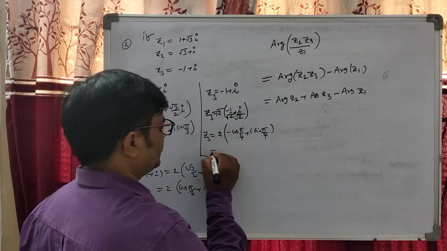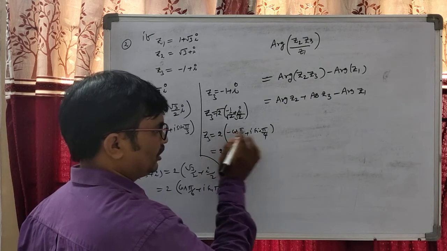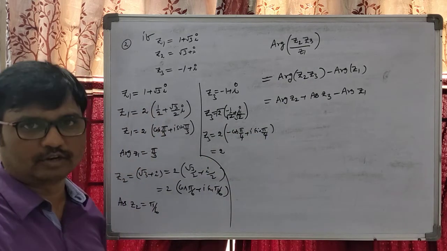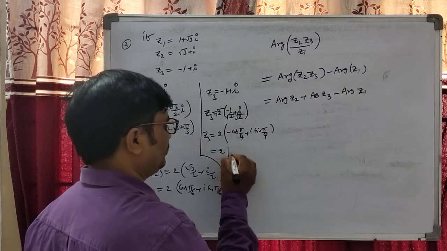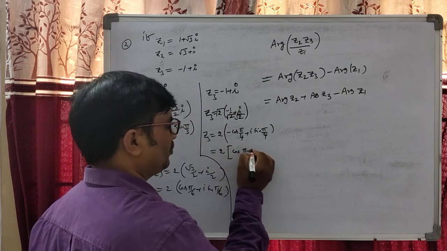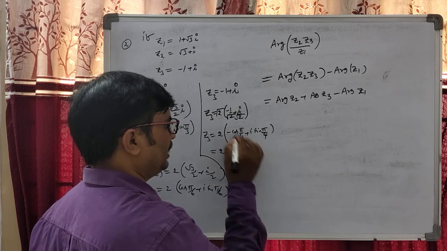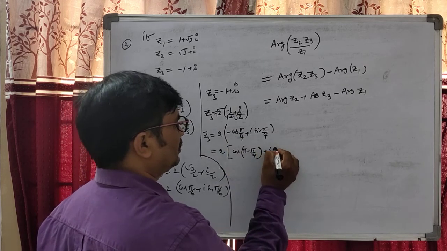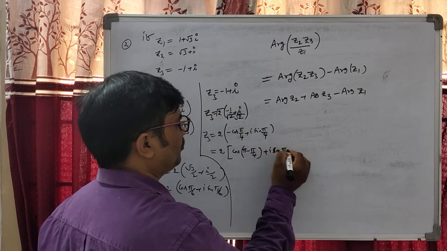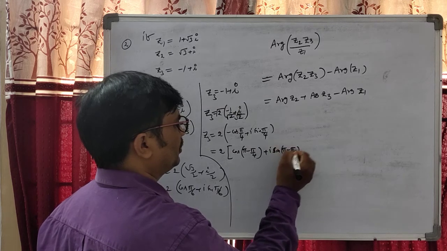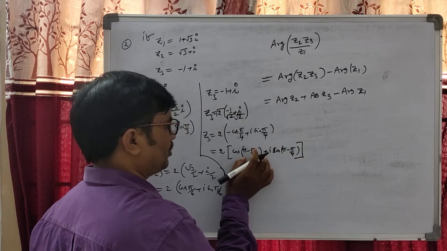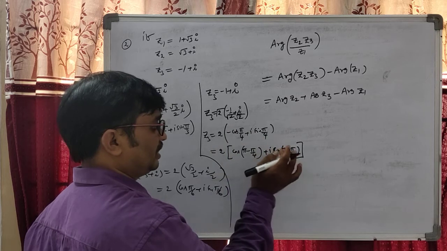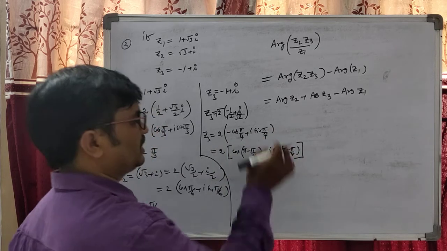So students, x is negative and y is positive, so it lies in the second quadrant. This can be written as cos of pi minus theta equals minus cos theta, and sin of pi minus theta equals sin theta.